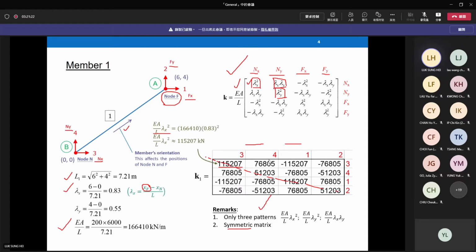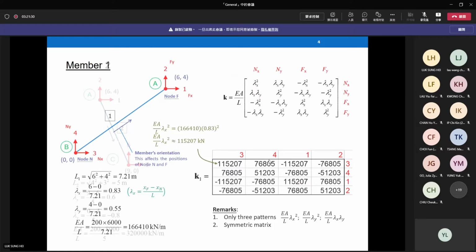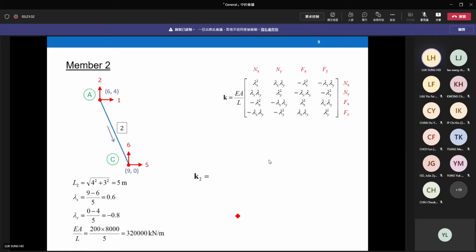You can verify the answer using your calculator later. These are quite various mathematical procedures.